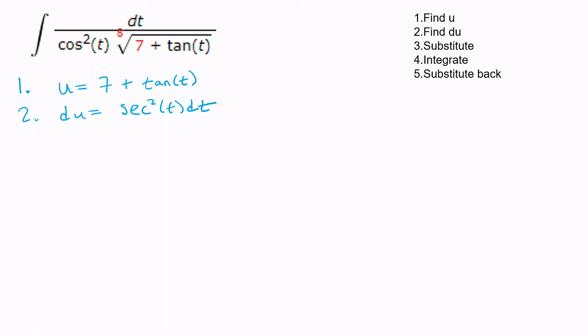Okay, then step 2 is du is secant squared t dt. At this point I say, is that in there? Sometimes you have to do a little algebra or trig to get things to look the right way, but if you notice, that's really 1 over cosine squared t dt. And now I actually do see a cosine squared on the bottom, and I've got my derivative in there.